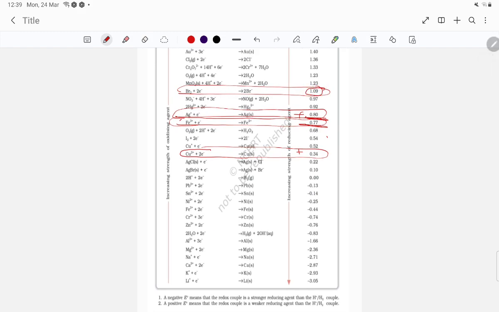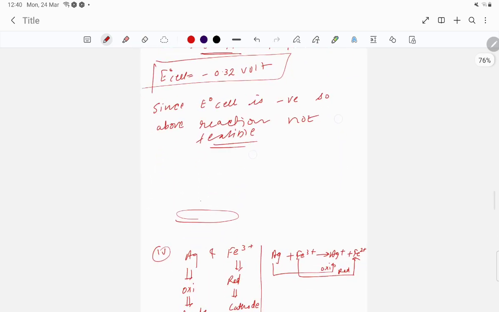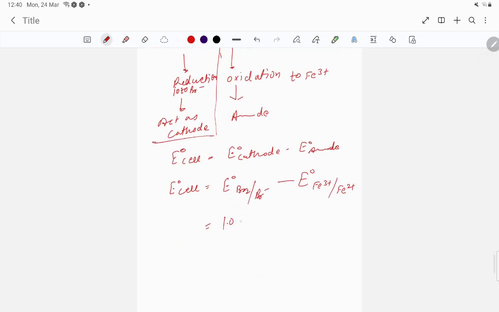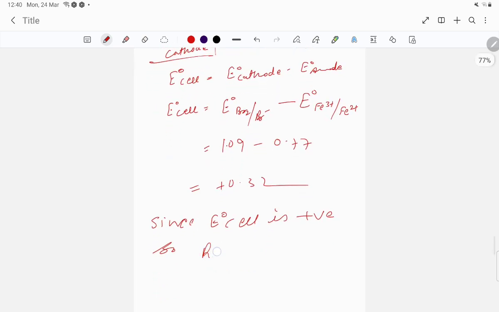Br2 value is 1.09 and Fe3+ value is 0.77. So 1.09 minus 0.77, it is coming positive 0.32, student. So what you can write, student, since E naught cell is positive, the reaction is feasible. So this is our required answer, student.